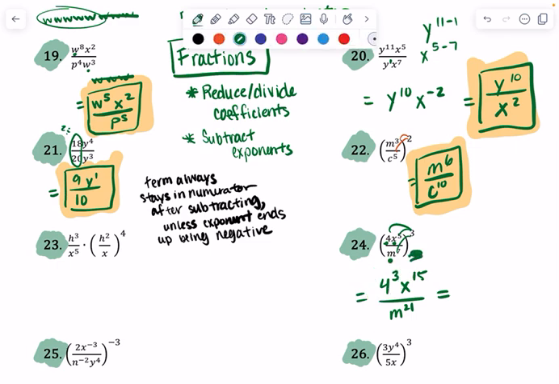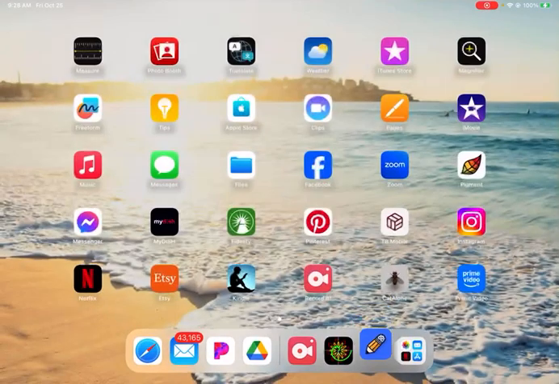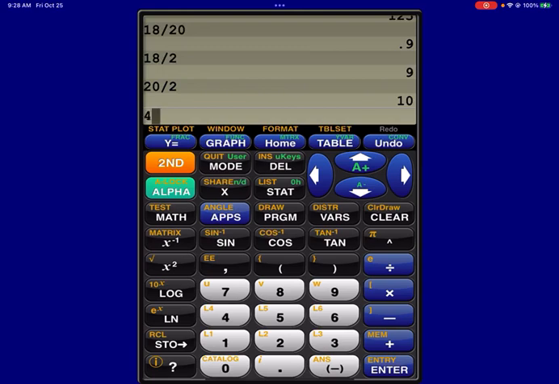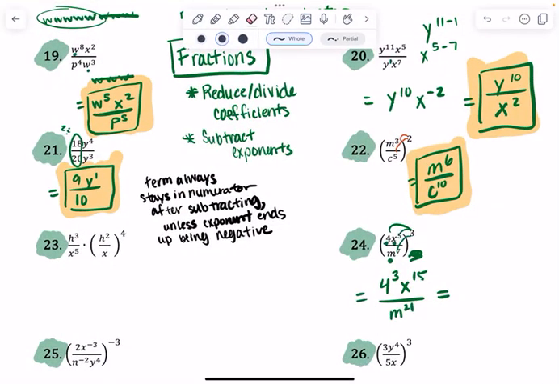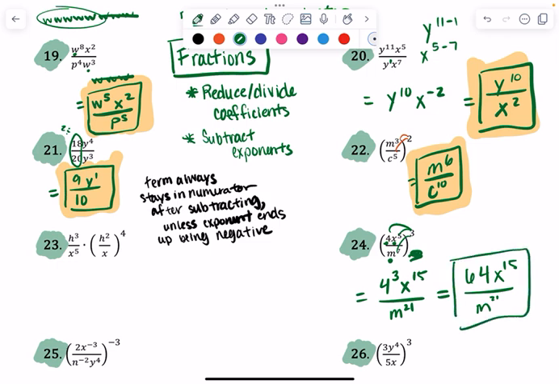So don't keep it 4 to the third. Go to your calculator, go to your power sheet, figure out what 4 to the third is. But your other variables are not alike. One's an x, one's an m. Can leave it as it is.